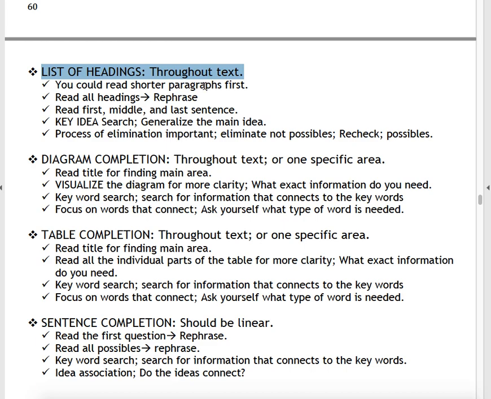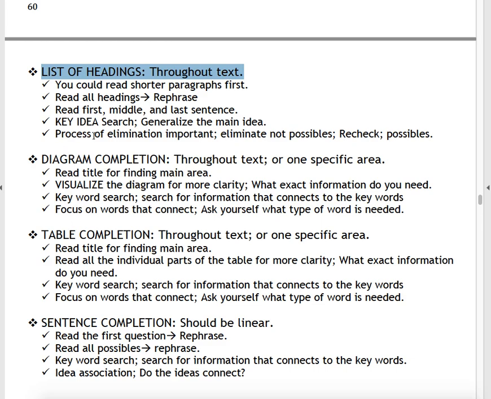I'm not going to do that. You have to look at the whole text anyways. We should always read all the headings first and rephrase them. And then we should try and read the first, middle, and last sentence of each paragraph. Key idea search, right? We need to generalize the main idea. Whatever we think is the main idea, we need to generalize it.